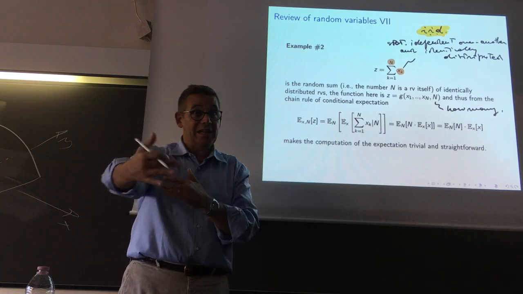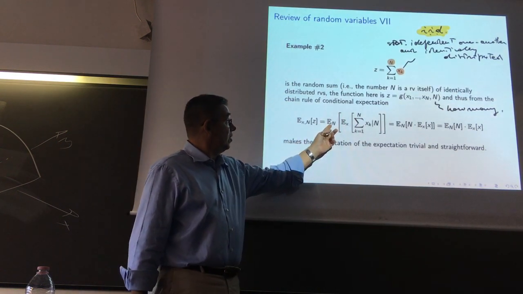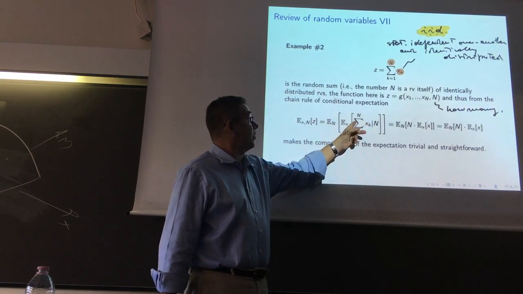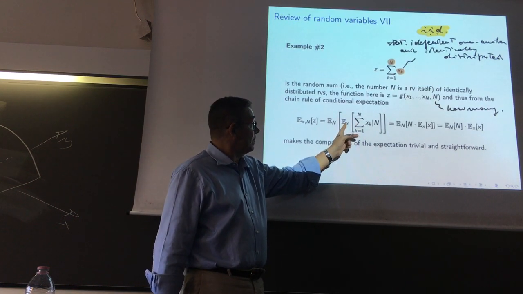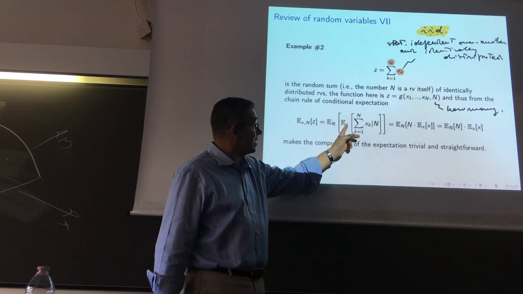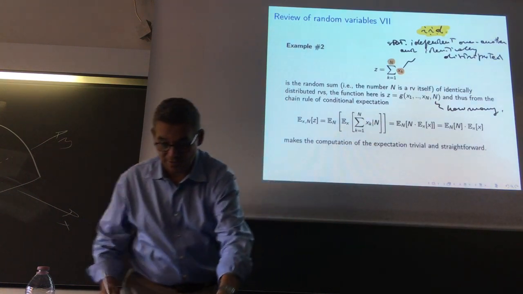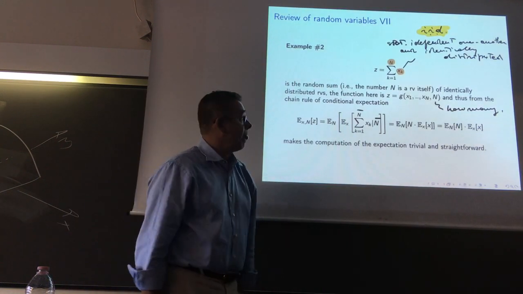Now I decouple the sum in this way. I first keep n as fixed, and then I compute this sum. And so that means that I'm taking the expectation of x, keeping n fixed. If you like, say n equal n bar.